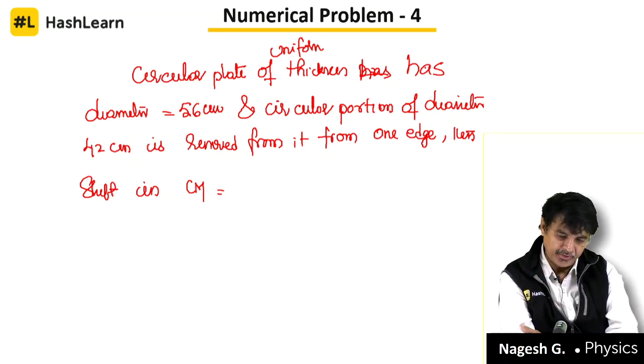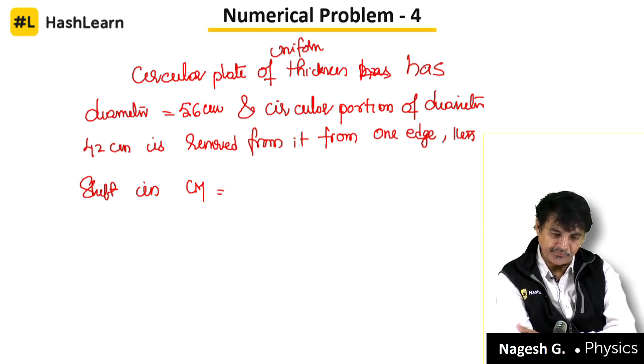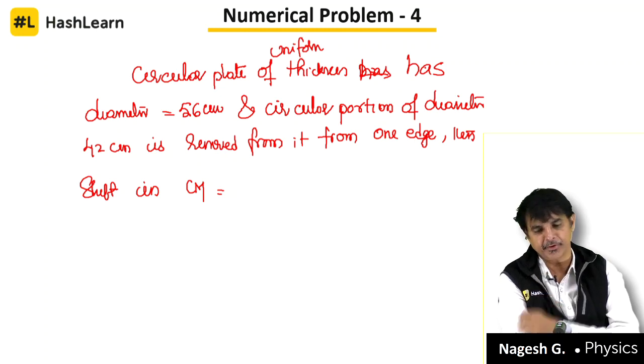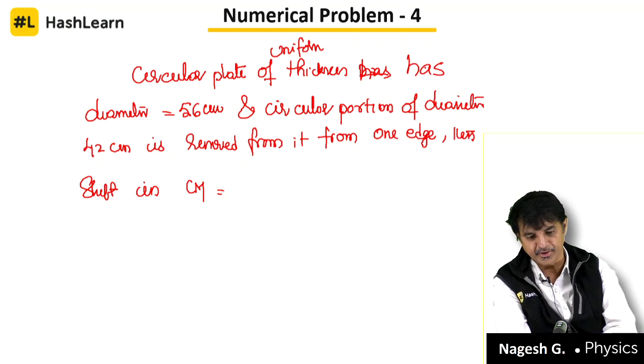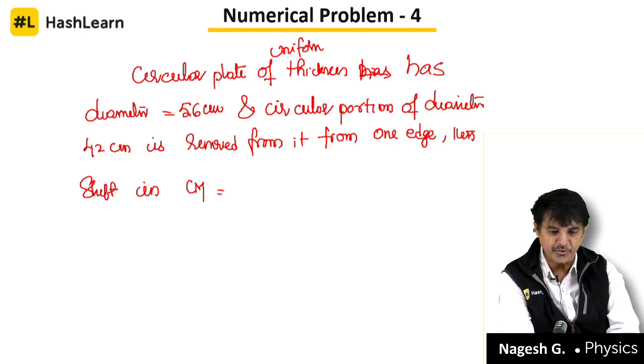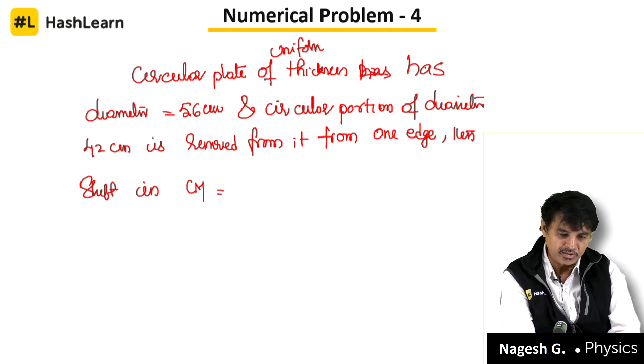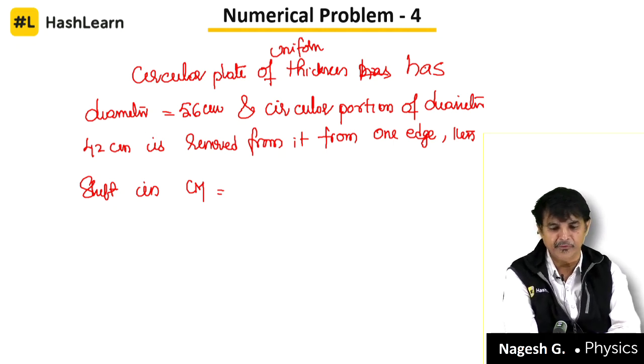Uniform thickness has a diameter equal to 56 centimeter and another portion of diameter 42 centimeters is removed from it. From where? From one edge. Then what will be the shift in center of mass is the question. I hope everyone is very busy cracking the problem and everybody is trying to give the answer very fast relative to others. So this time I am eagerly waiting to see who bridged that gap between the concept and application.